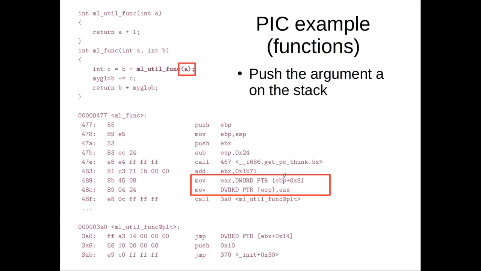So what happens here is that it's EBP plus 8. We save it into EAX, and then, in this specific code, instead of doing a push, the compiler already reserved space for this invocation in the stack, and so we're doing a move.